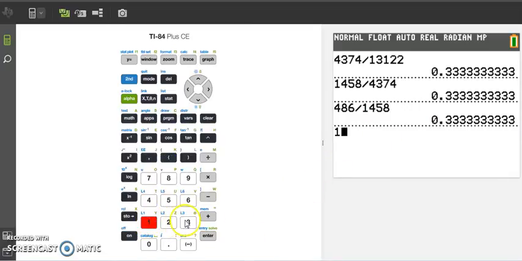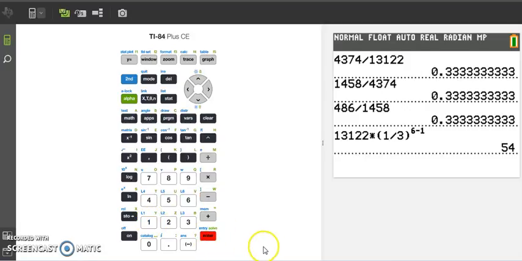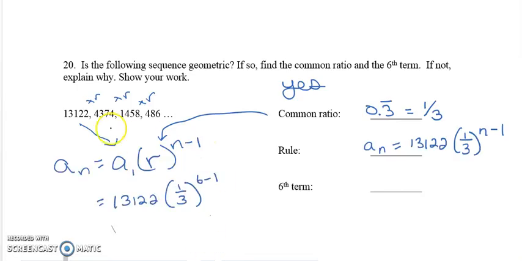So 13122 times 1/3 raised to the 6 minus 1, or you just put the fifth power. Right, so that will be 54. So the sixth term, if you continue the sequence, is 54.